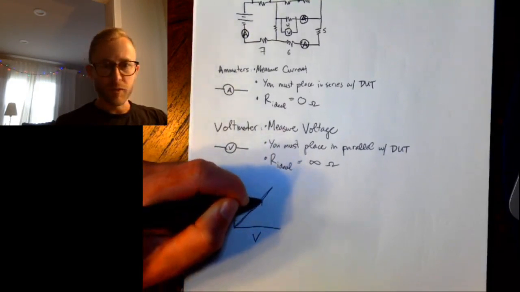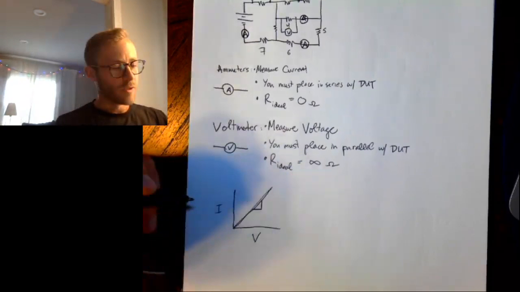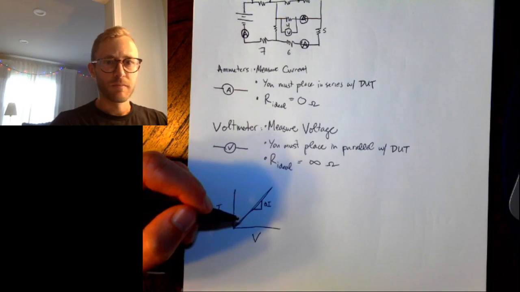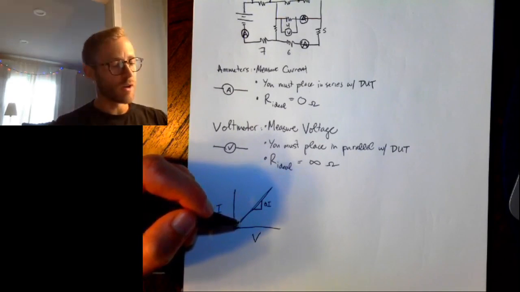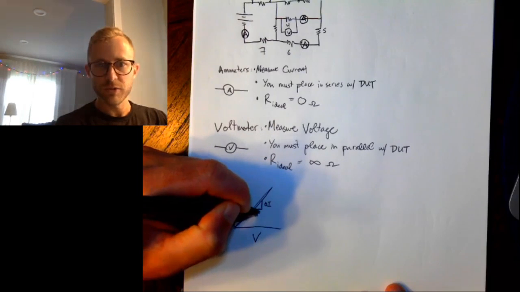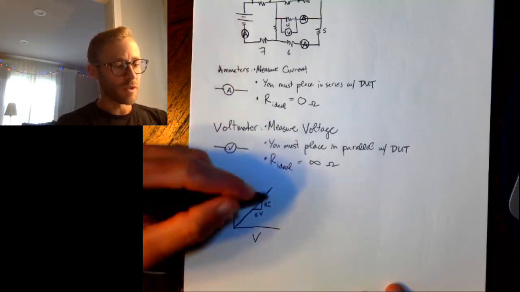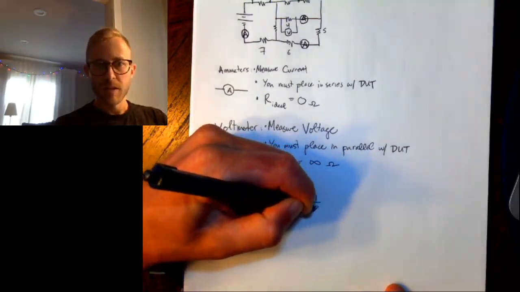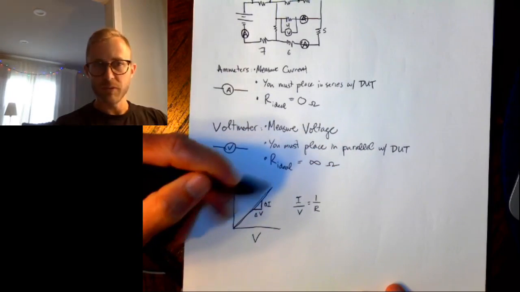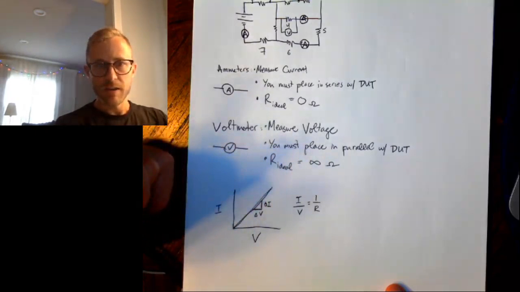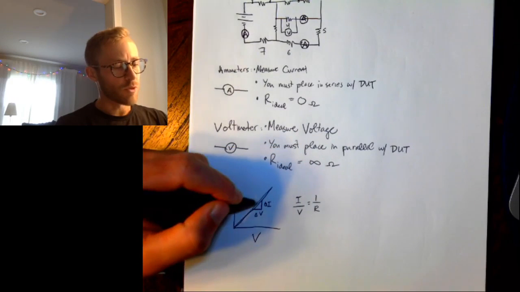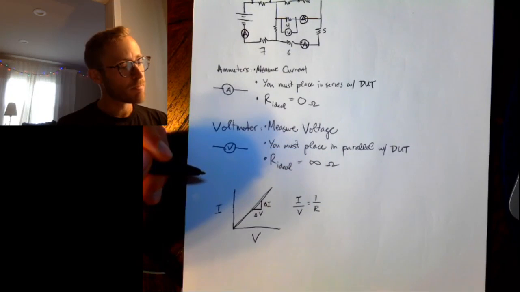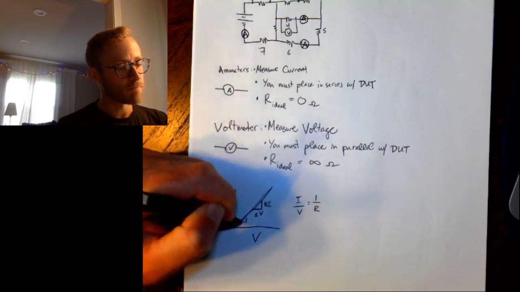And if we look at the slope of this, the rise is in current, and the run is the run in volts. So rise over run is current over volts, which is 1 over resistance. So if you have an IV curve that's a straight line, the slope of that is 1 over the resistance, okay? So the slope is 1 over R.